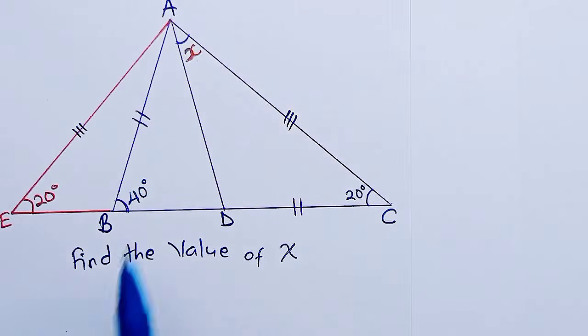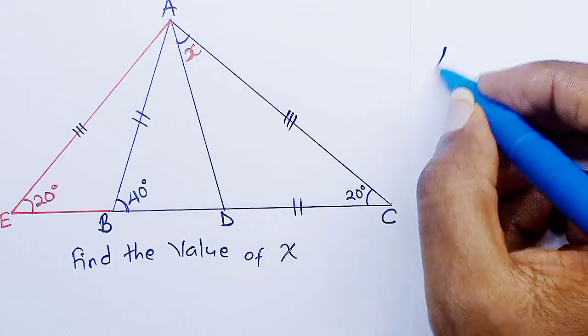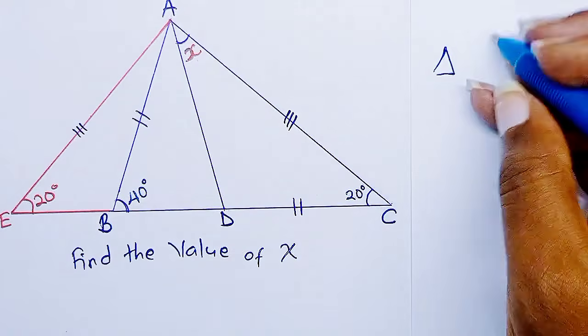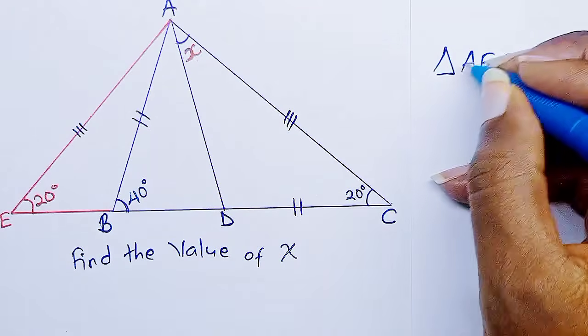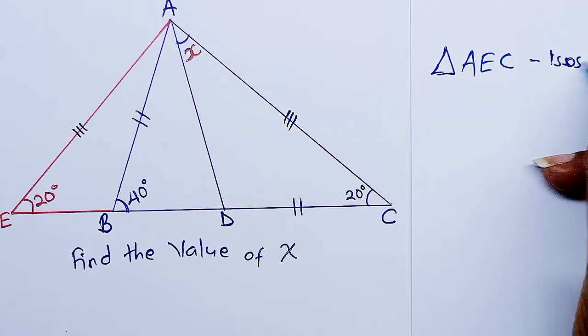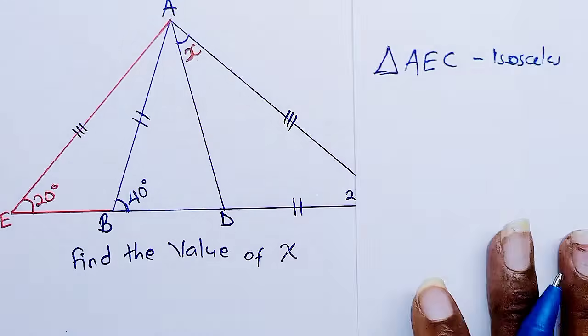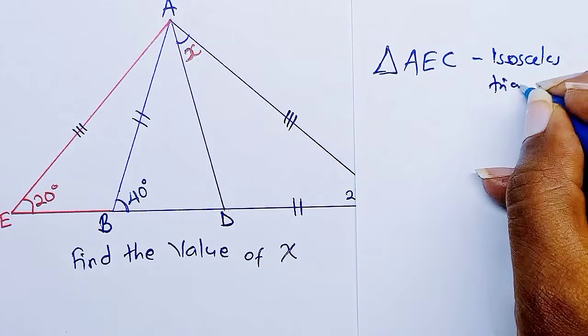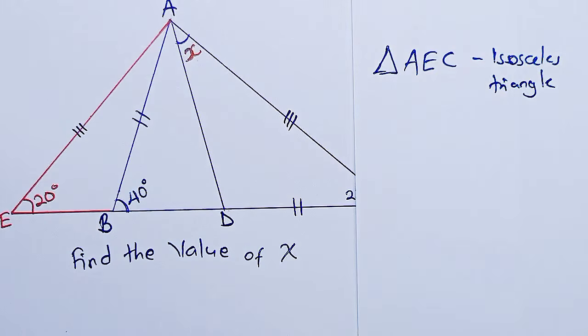And so we can conclude and say triangle AEC is an isosceles triangle. Okay.